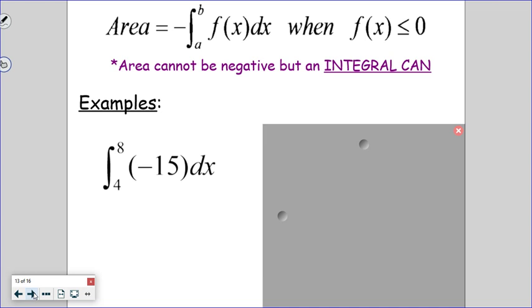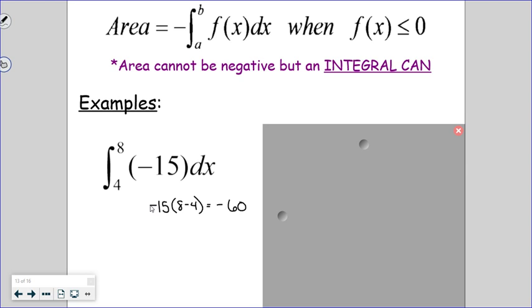What you see on this first one, if we were to blindly follow the formula that we had, this is a constant. So I know I can find this integral by taking that constant times the difference in my interval, 8 minus 4. Negative 15 times 4 would give me an integral of negative 60. We don't have negative 60 area.